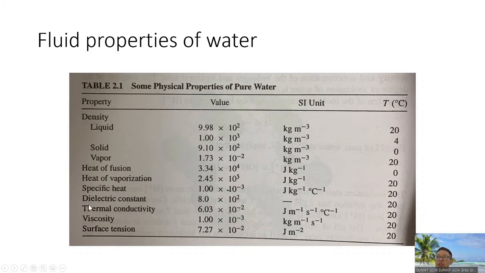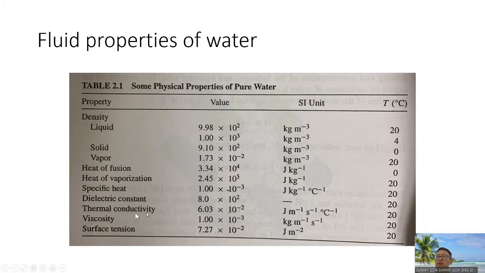And dielectric constant is referring to the amount of charge that can be stored by the substance. In this case it's referring to the liquid water at 20 degrees Celsius. So it is 8 multiplied by 10 to the power 2. So the higher the dielectric constant means the better the substance is able to store charges.